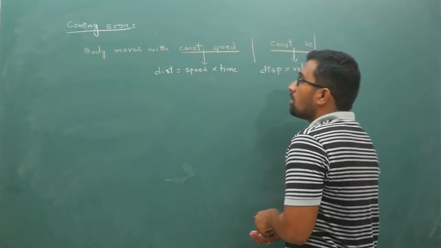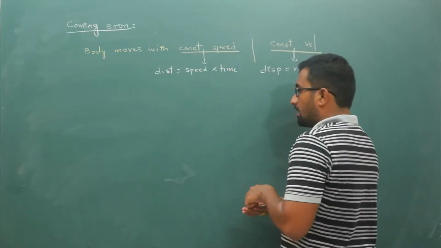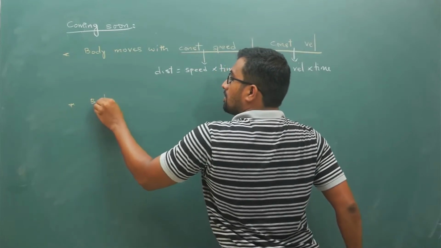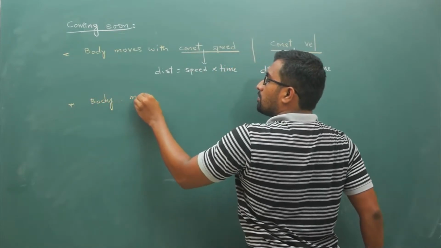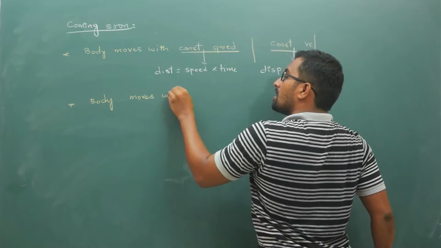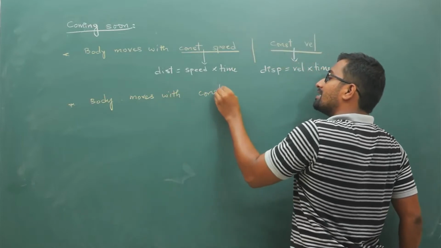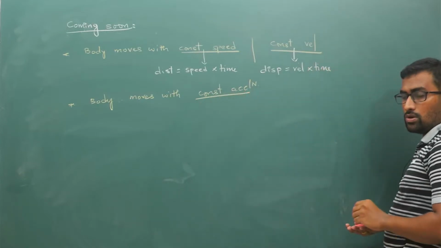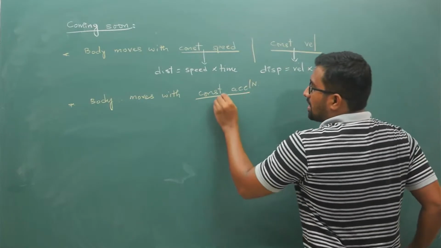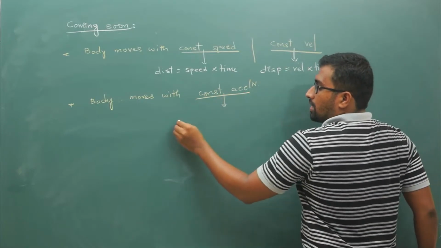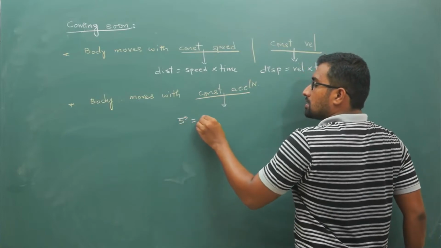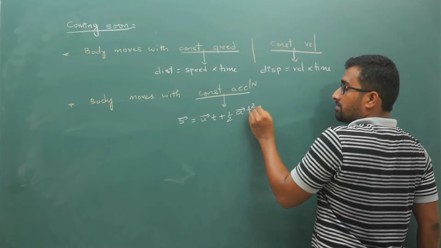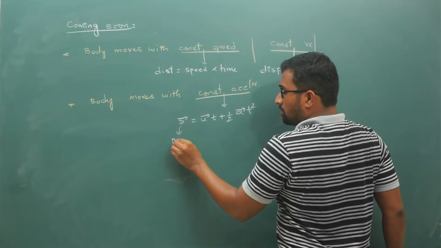Now when the body moves with acceleration, there are two cases again. Take constant acceleration, meaning acceleration is not changing with respect to time. In such a case, S bar is equal to U bar into T plus half A bar into T square, which gives you displacement.